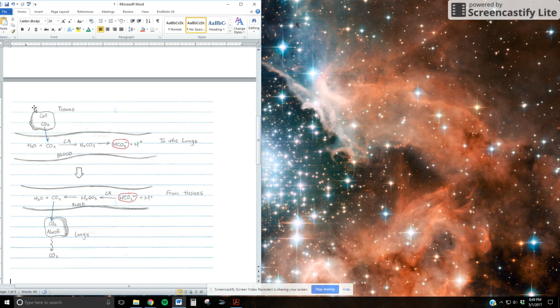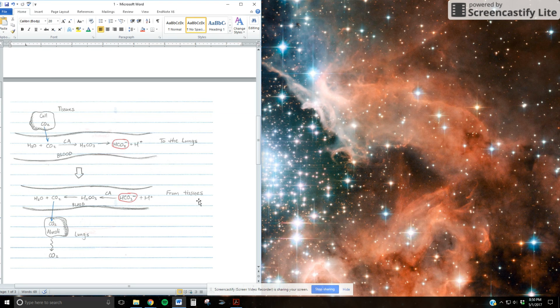You can pretend that this is happening in the periphery of your body, as an aid to help you think about it. Say this cell is in your foot or your hand, respirating CO2 to produce the bicarbonate, and then blood flow will take it to the lungs.